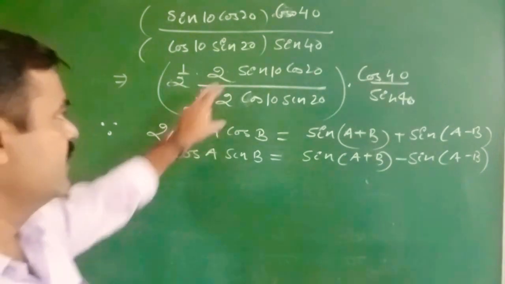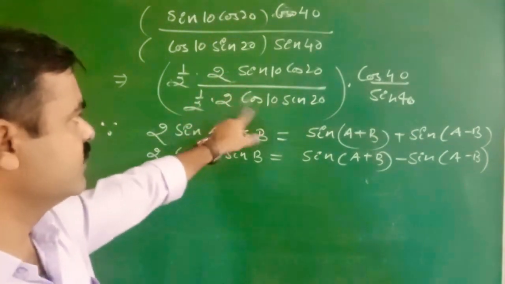What is the identity of the form 2 sin A cos B and 2 cos A sin B?